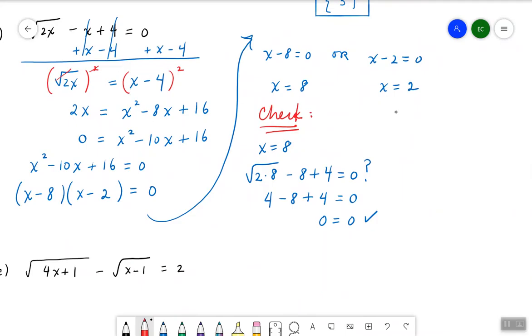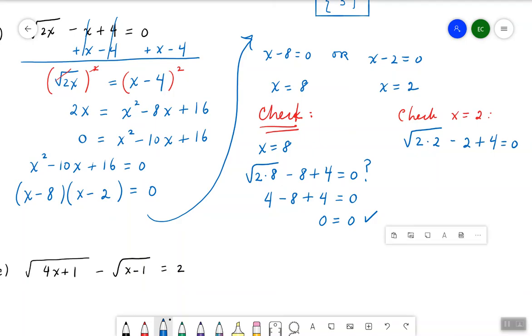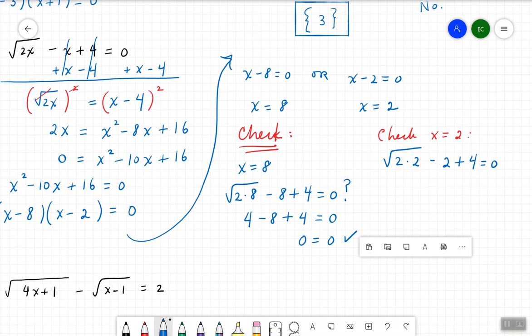And then we can go ahead and check the other one. Let's write check x equals 2. And this time we get the square root of 2 times 2, minus 2 plus 4, equals 0. And so that's a question again.